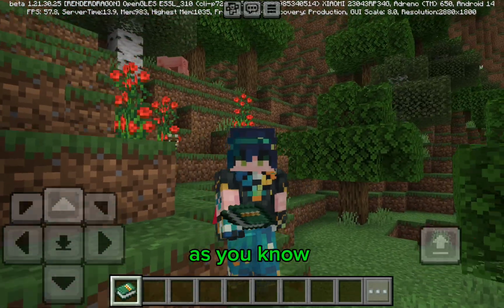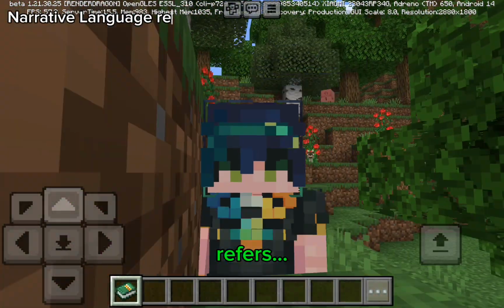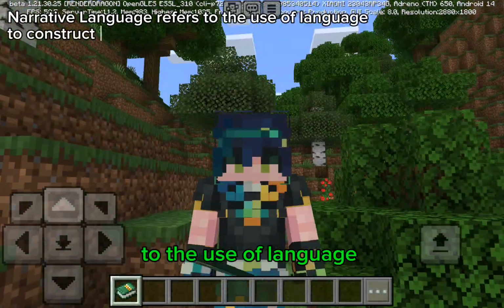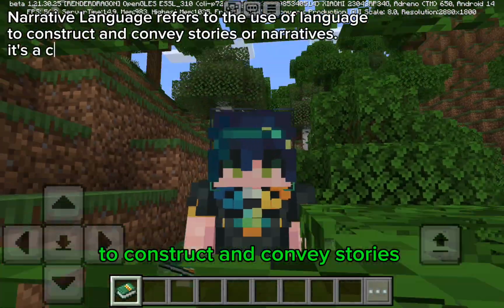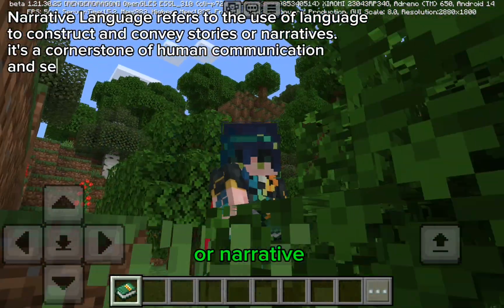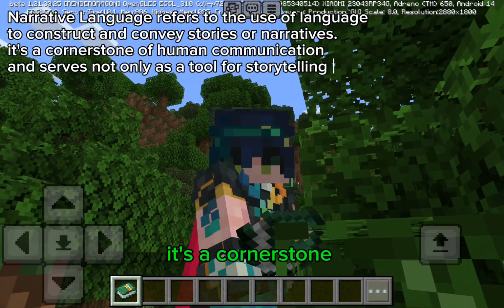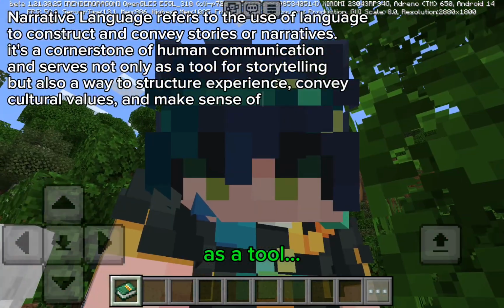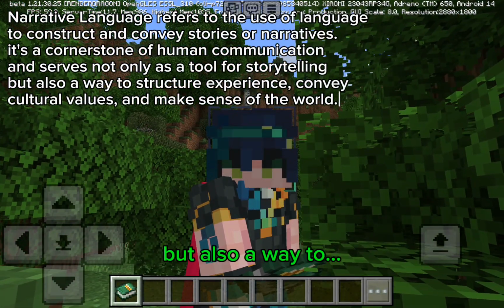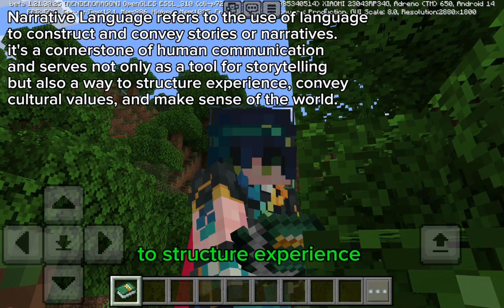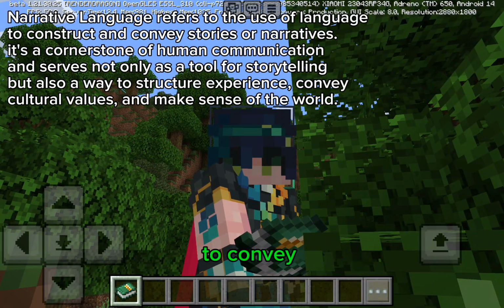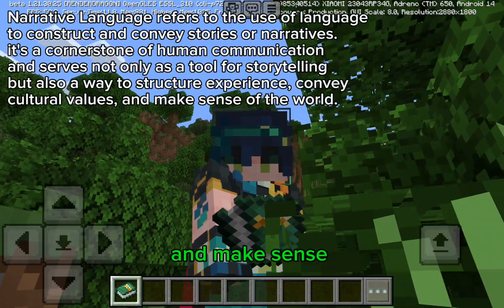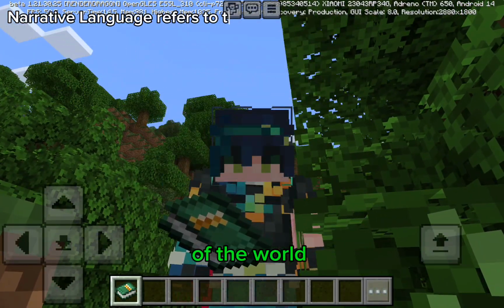So yeah, as you know, narrative language refers to the use of language to construct and convey stories or narratives. It is a cornerstone of human communication and serves not only as a tool for storytelling but also a way to structure experience, to convey cultural values and make sense of the world.